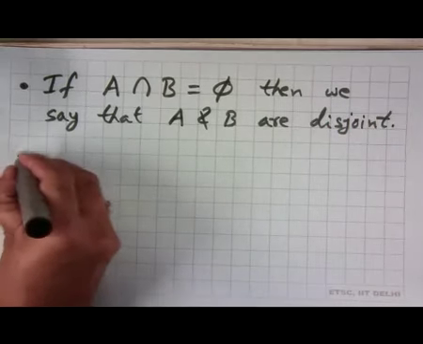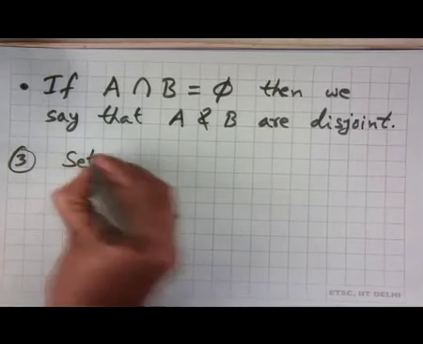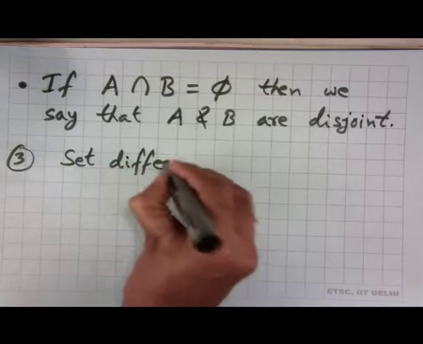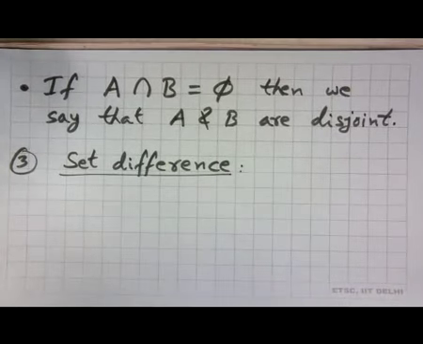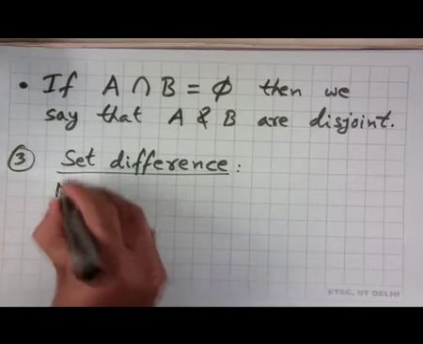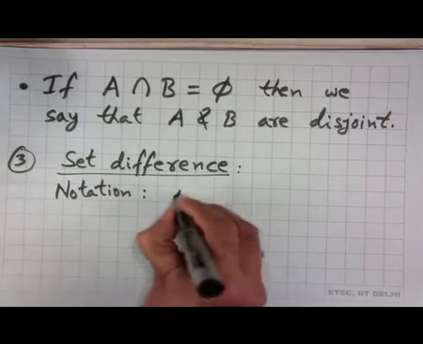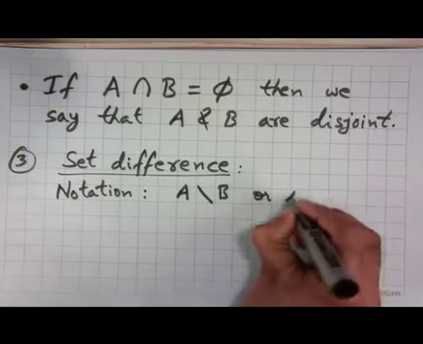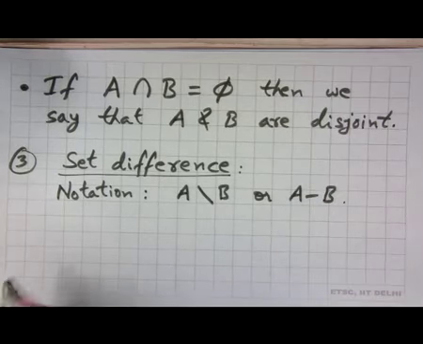So, the next operation on sets is the set difference. So, the notation is this or simply A minus B. So, what does this mean?